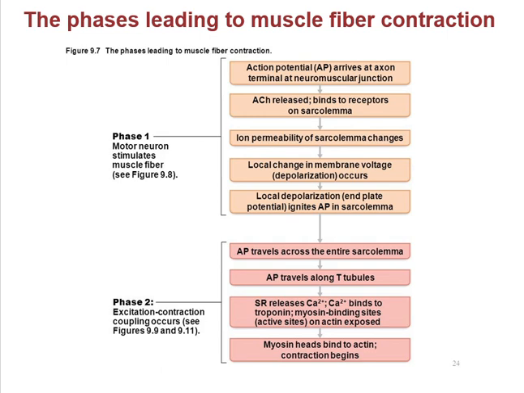All right, so let's summarize again. The action potential arrives at the axon terminal of the motor neuron. The axon terminal from the motor neuron releases acetylcholine, and the acetylcholine binds to receptors on the sarcolemma. Those receptors open, allowing ion permeability to change for the sarcolemma. We see an influx of positive sodium ions, moving the inside charge of the skeletal muscle fiber away from a very negative number.